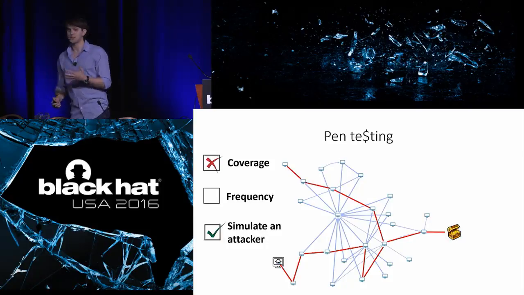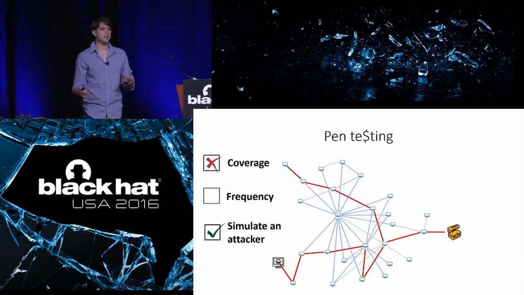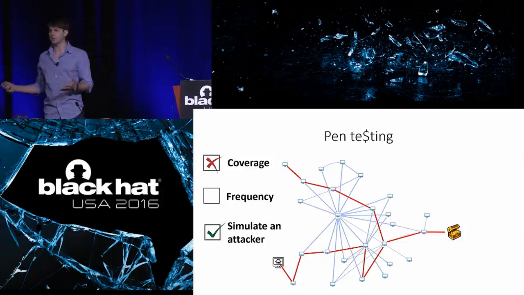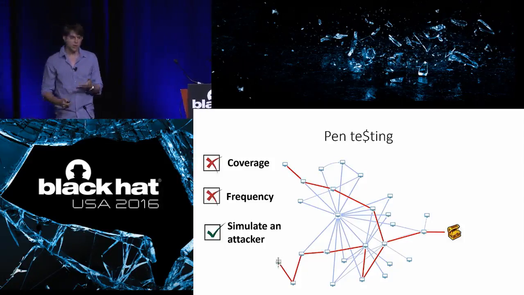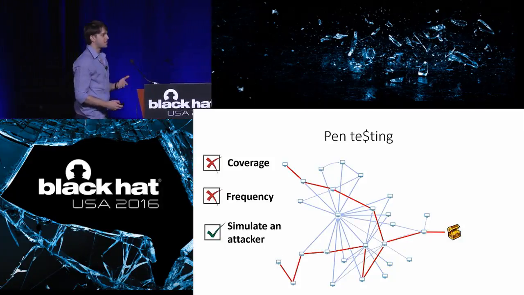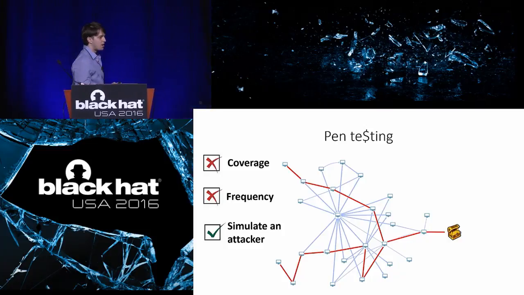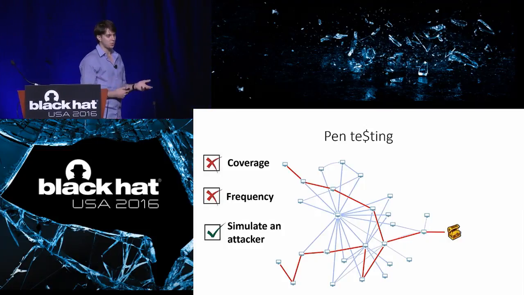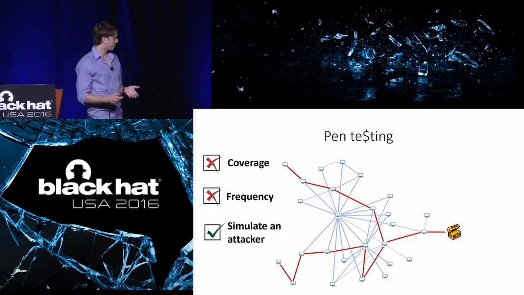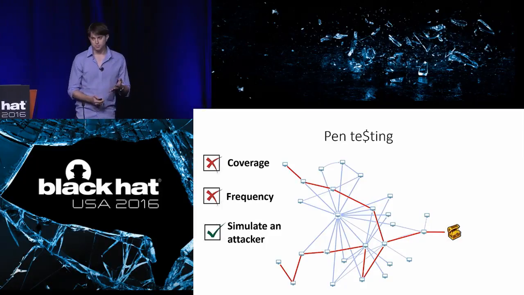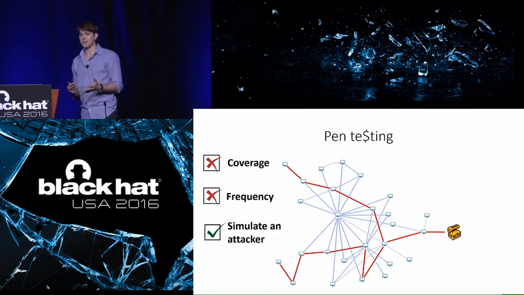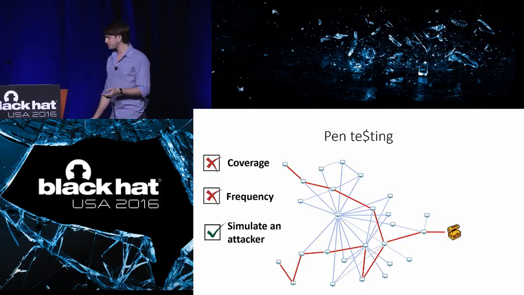But what if there are more such routes? Obviously, the tester cannot cover all possible paths. What happens in a few days after the tester leaves and our highly dynamic data center network changes? After all, pen testers don't visit our network on a daily basis.